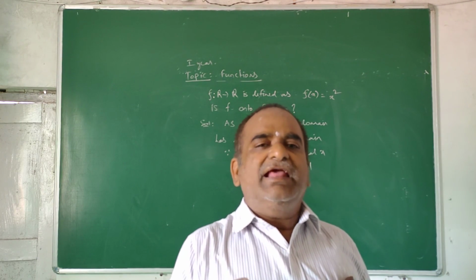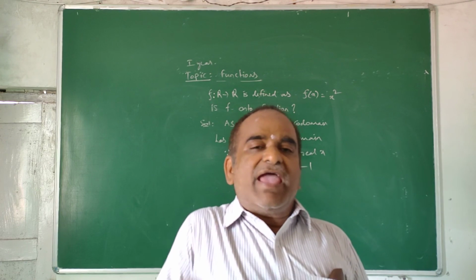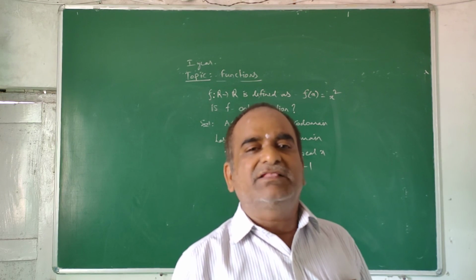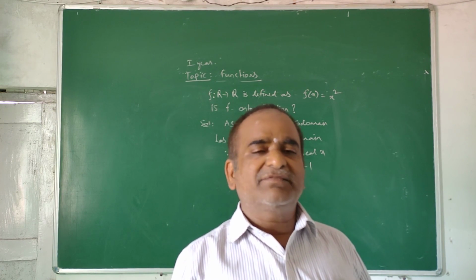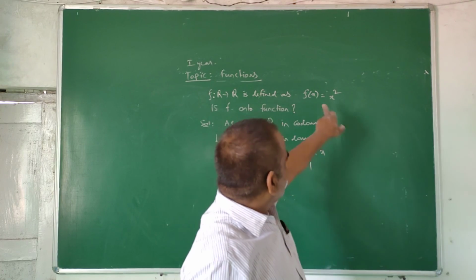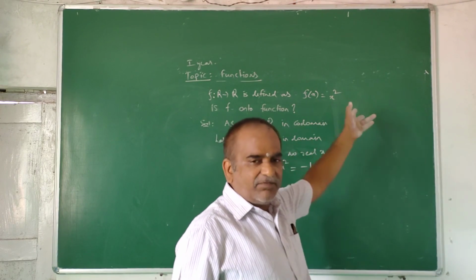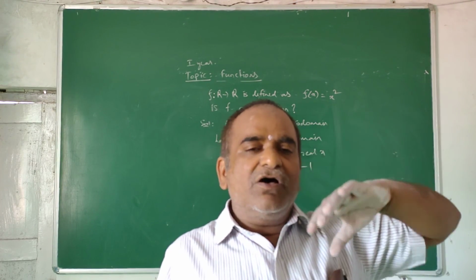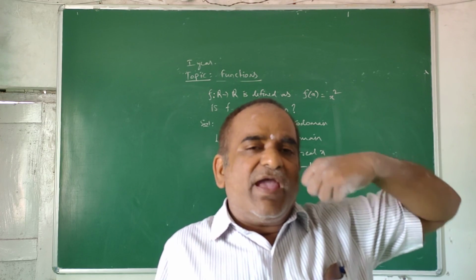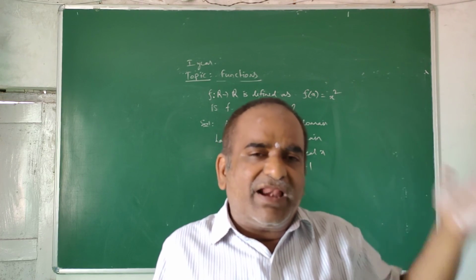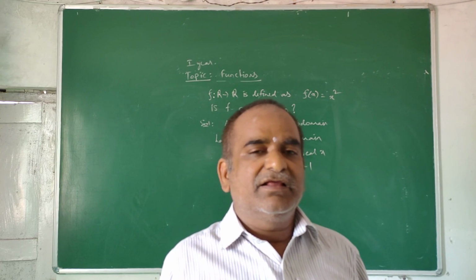Can you get any real number which, if you square it, you get minus 1? No. You may ask why to square. See, it is the definition of the function, that we have to obey. So if you square a real number, you can never get minus 1.